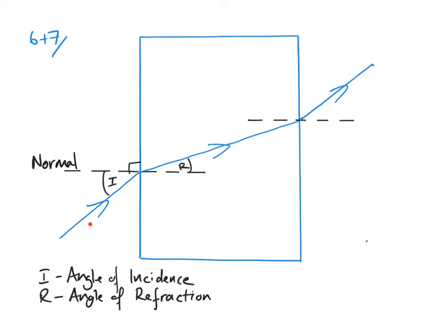This one down here will be in the same direction. Both those rays are in the same direction. At that second surface, I could also call that angle I and that angle R, because in this case, it's all going left to right. And that's a normal as well.